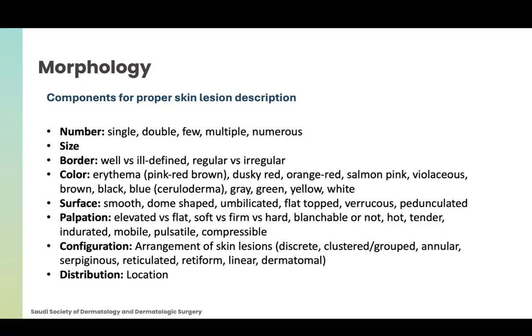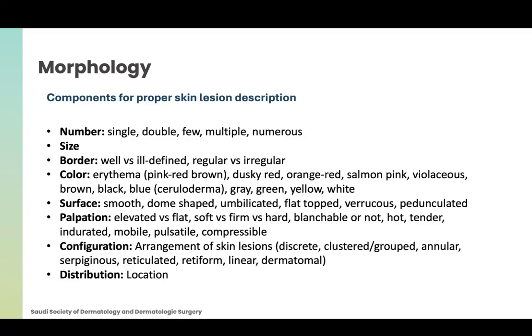And the distribution and location obviously is important because, again, it gives us other clues. If I tell you it's in the sun-exposed areas, so face, dorsal hands, dorsal feet, sparing the submental area, I'm thinking of photodermatoses. If I'm telling you lesions are in hidden areas, in the bathing suit areas, or in the bum area, I'm thinking CTCL.